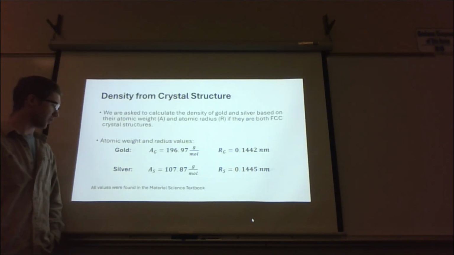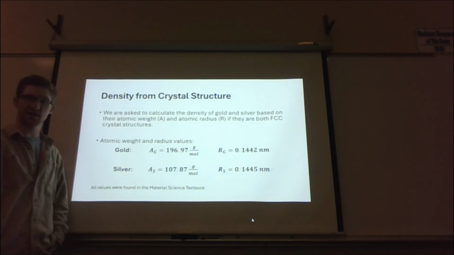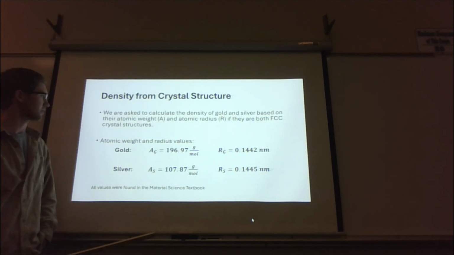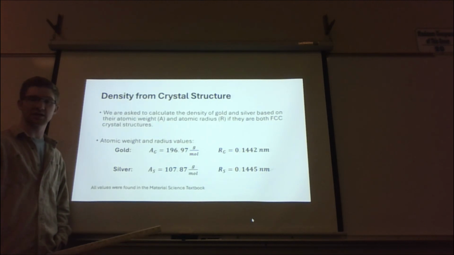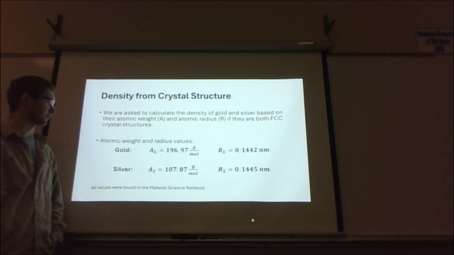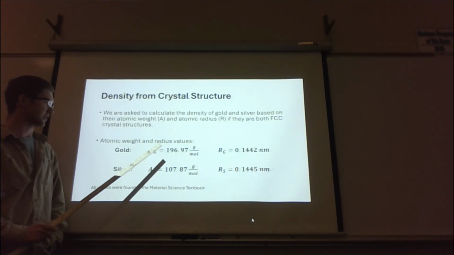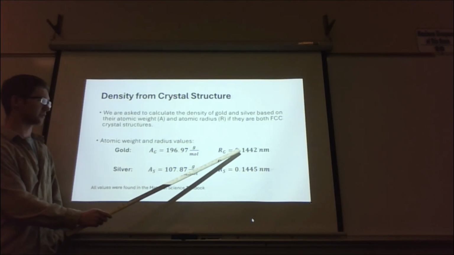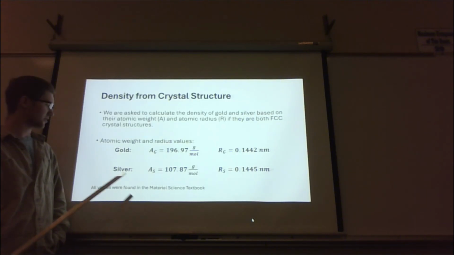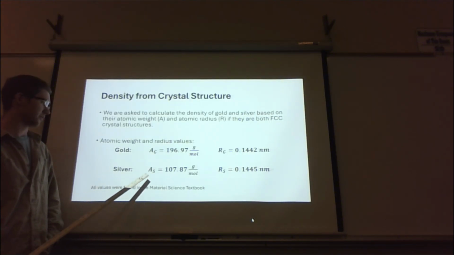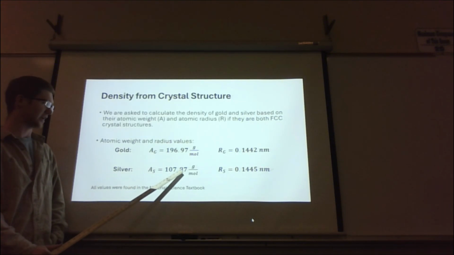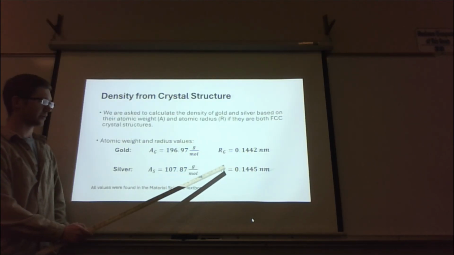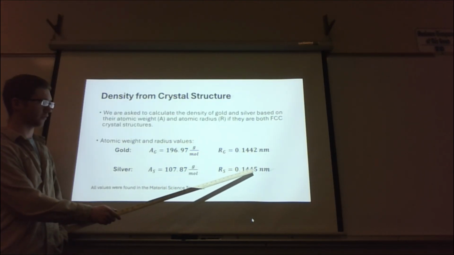If we go in our material science textbook, we'll find the values for the atomic weight and atomic radius of gold and silver. For gold, the atomic weight is 196.97 grams per mole. The radius is 0.1442 nanometers. And for silver, the atomic weight is 107.87 grams per mole, and the radius is 0.1445 nanometers.